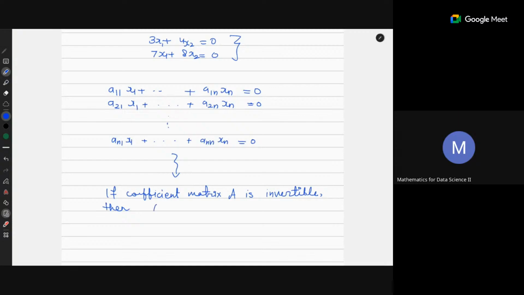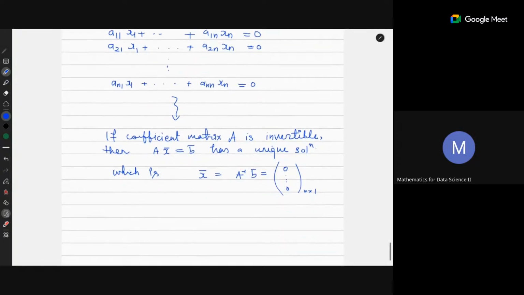Then system AX equal to B bar has a unique solution, which is zero solution, so X bar will be A inverse times B vector. Now B vector is always zero. So multiplication with zero vector of any type will always give you a zero vector. In particular, this will be 0, 0, and so on. All right. So zero is going to be the unique solution.